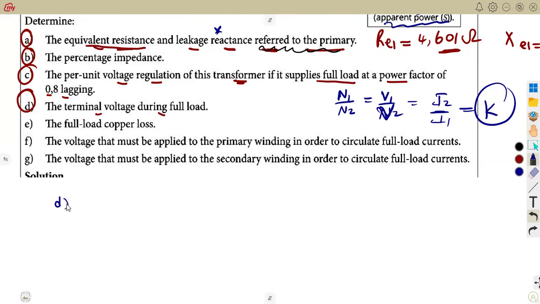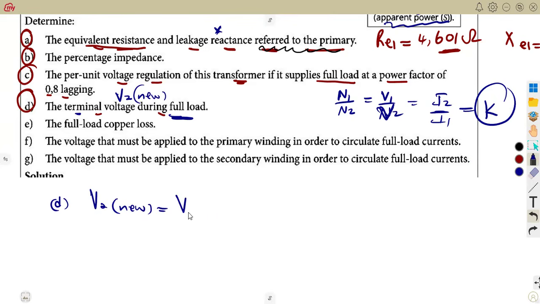I'm just going to write your formula, guys. Remember, I said this is the new voltage. This is the V2 new at full load, the new voltage, which we calculated previously.